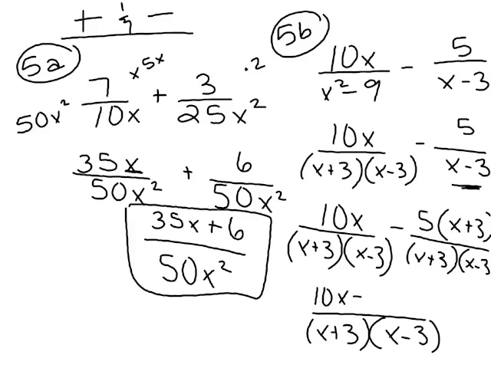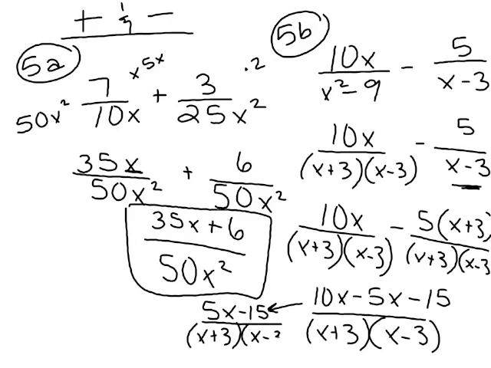So I'll have 10x minus 5x minus 15. So 10x minus 5x is what? 5x. So let's go back over here. I'll have 5x minus 15 on top, x plus 3, x minus 3 on bottom.